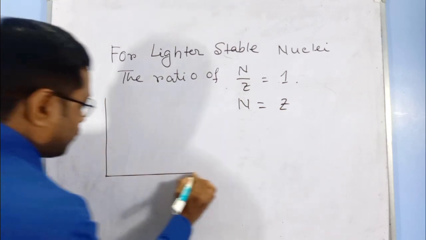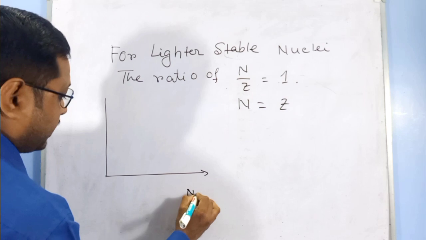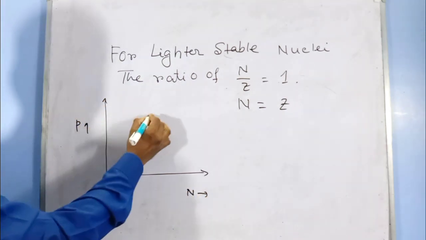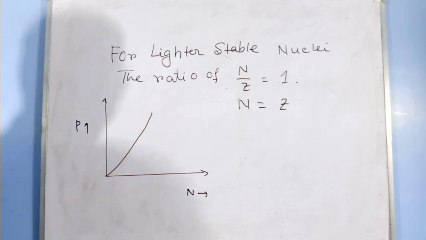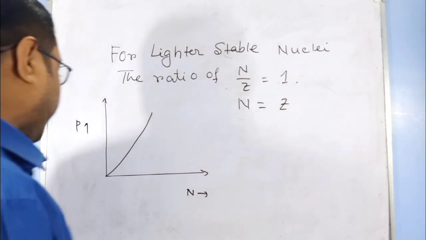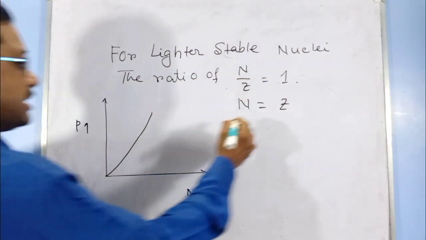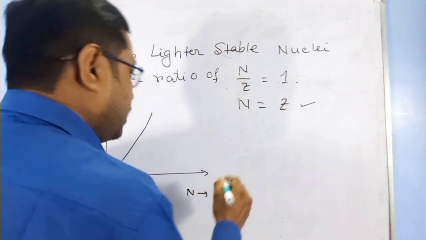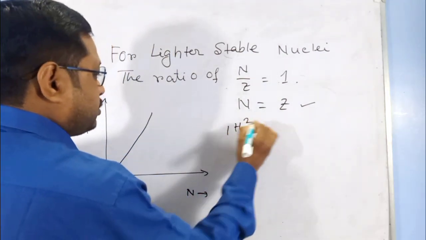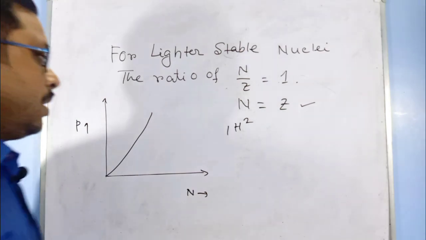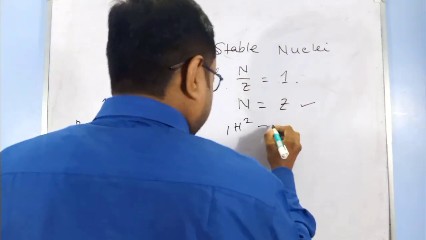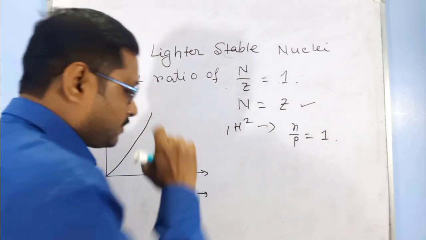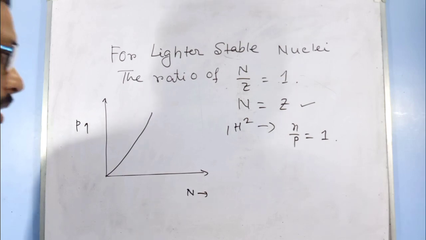If we see the graph, here is the neutron number, and along the y-axis if you take the proton number, we get a stability curve like this. So when the neutron and proton numbers are equal, the nucleus is stable. For example, 1H2, that is deuterium, the ratio of neutron to proton is 1, because neutron is 1 and proton is 1.